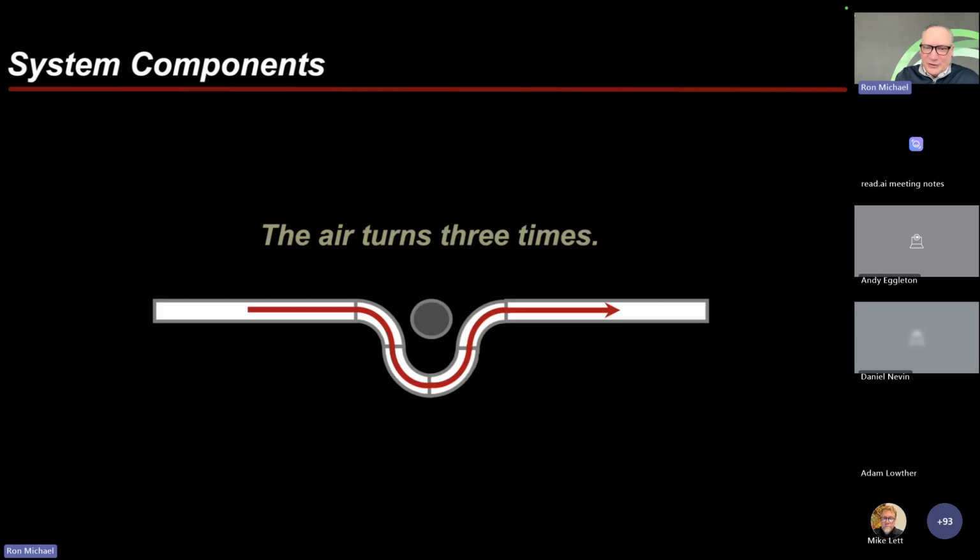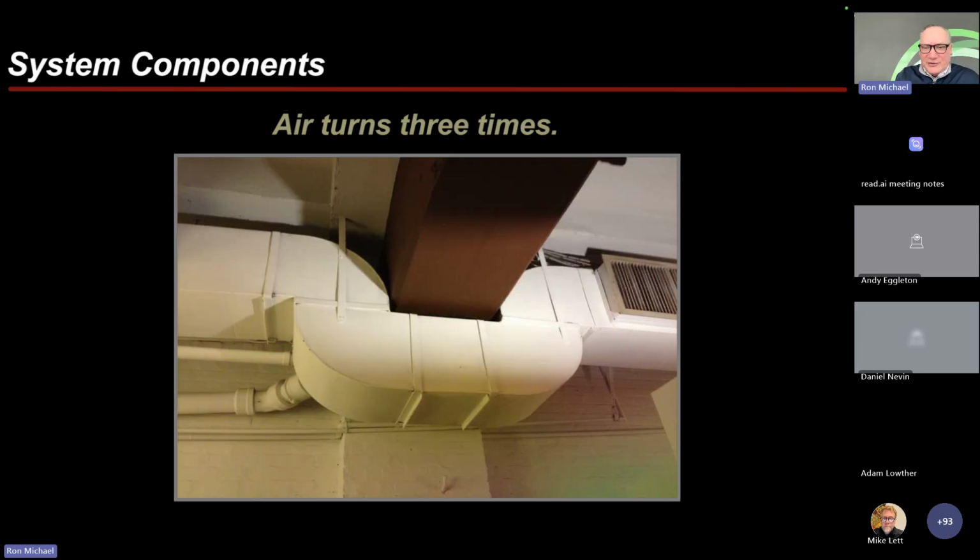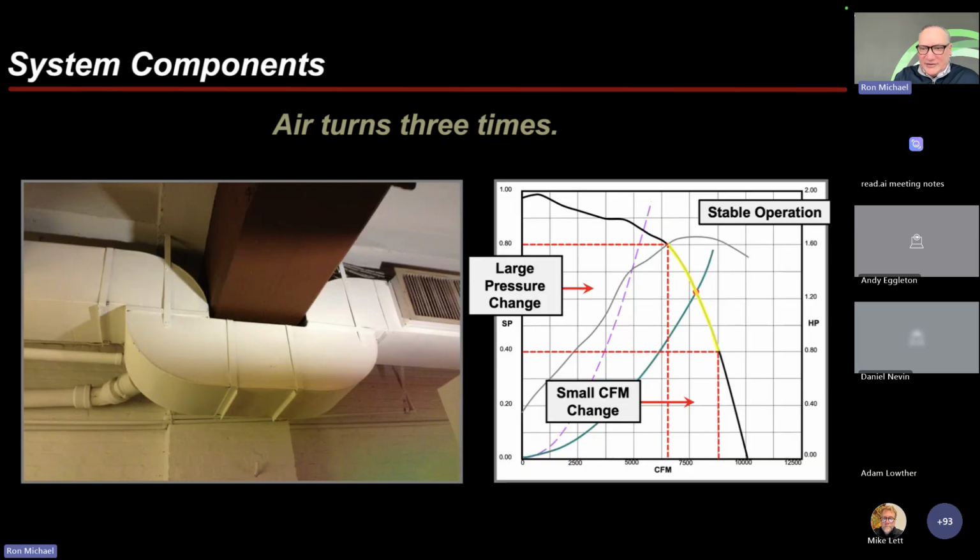Now, what happens on jobs is maybe another trade got there before and the contractor has to go around it. Okay, you'll see even little things like this you may not be able to account for in your design, which is, again, the reason why we want you to select in the right spot on the curve and make sure that you're covered.